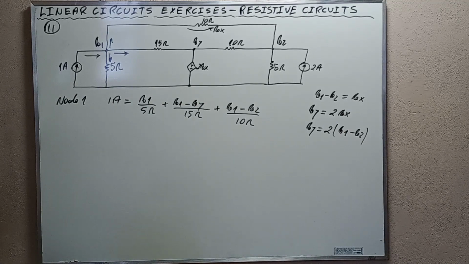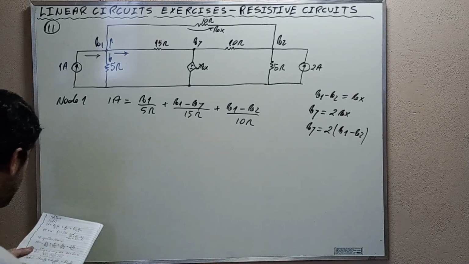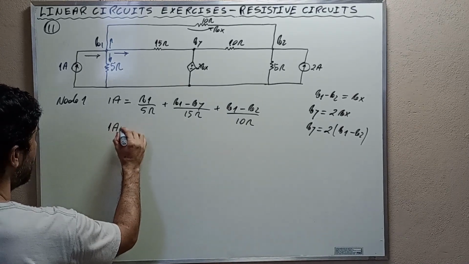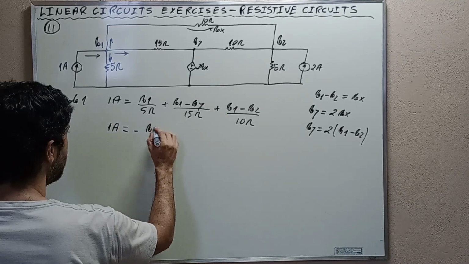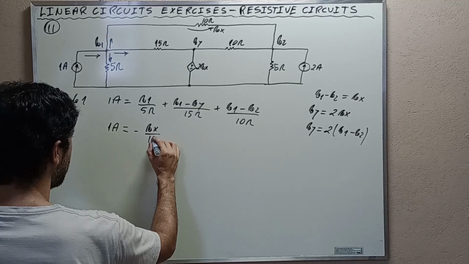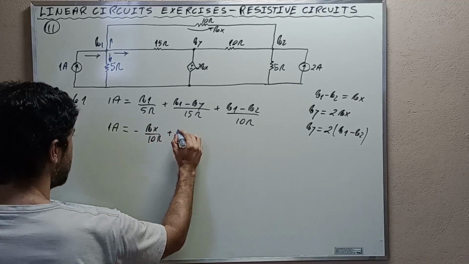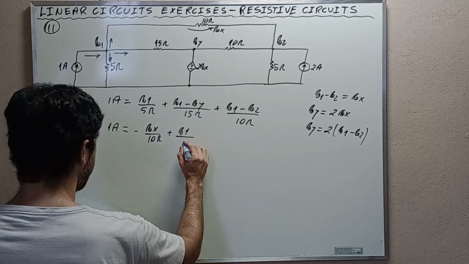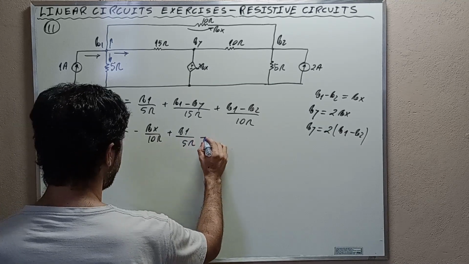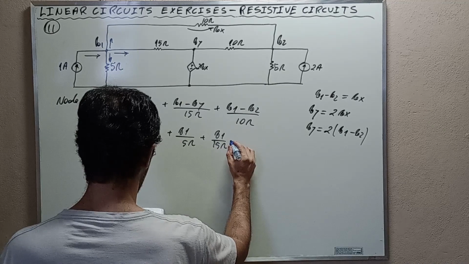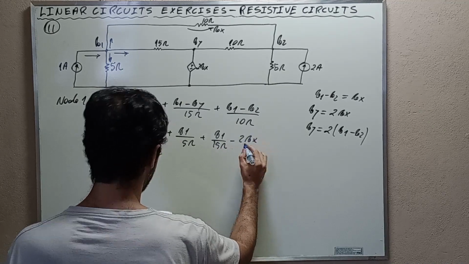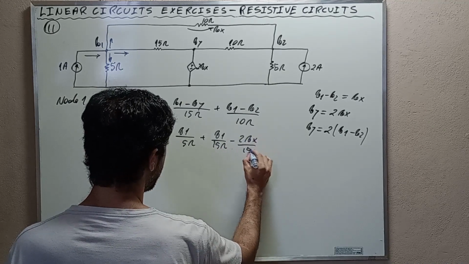And we have to separate the terms here. It is going to be 1 amp equal to negative Vx over 10 ohms plus V1 over 5 ohms plus V1 over 15 ohms minus 2 times Vx divided by 15 ohms.